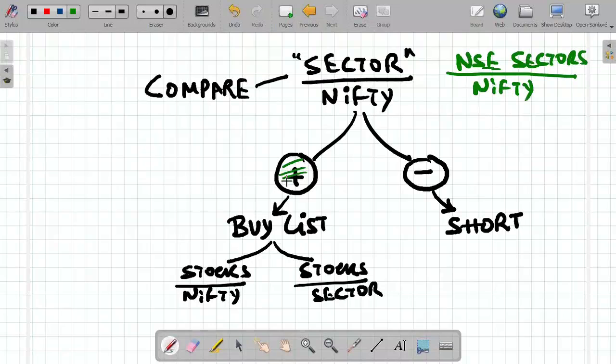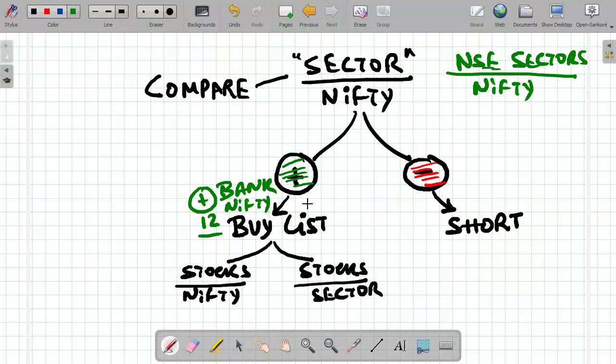This will give us some buy ideas and some weak sectors. From the relatively strong sectors, we got Bank Nifty, because it was positive. Within Bank Nifty, we look for those stocks. Bank Nifty is made up of 12 stocks.